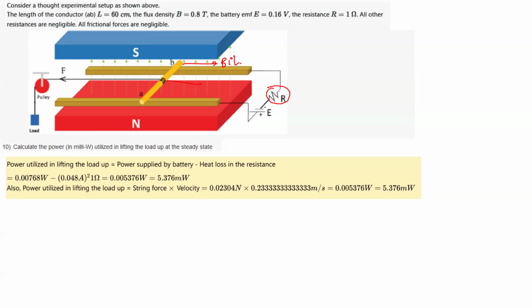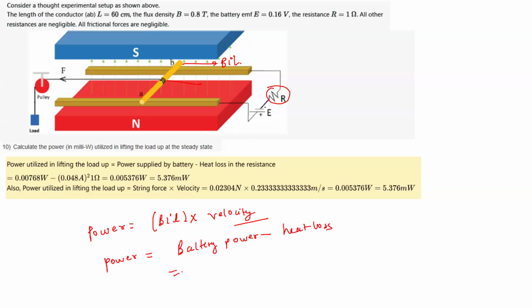You can also do it like this: power is equal to BIL into velocity. And the other way is power is equal to the battery power minus the heat loss. So you can solve it in both the ways.